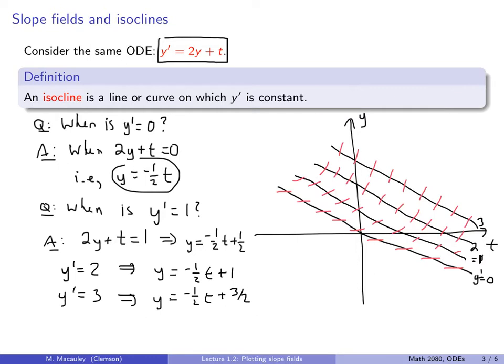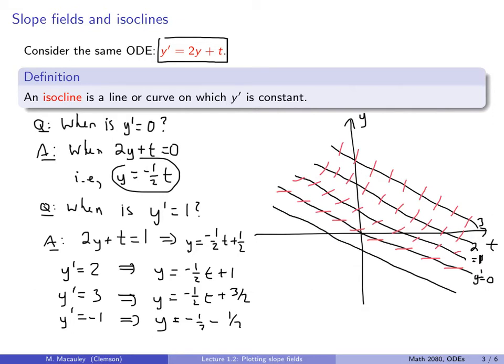Let's see. So y prime equals about a negative 1. That's going to happen when y equals negative 1/2 t minus 1/2, sorry about that. So that's going to be down here.